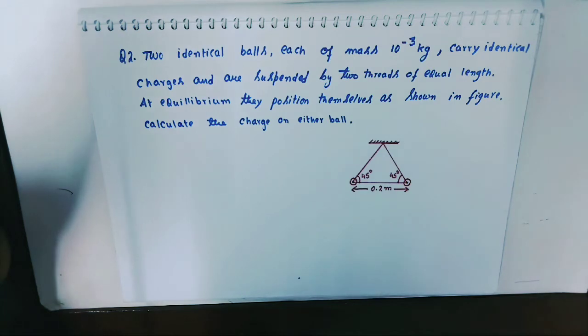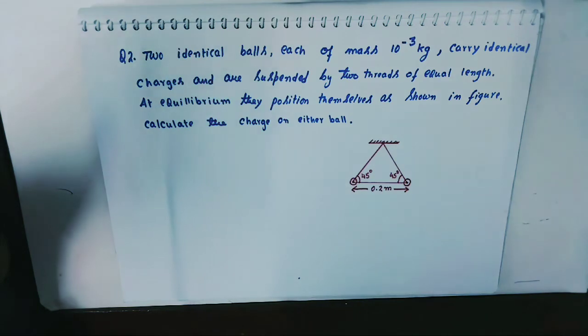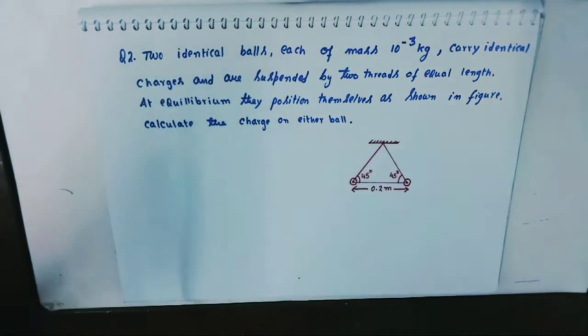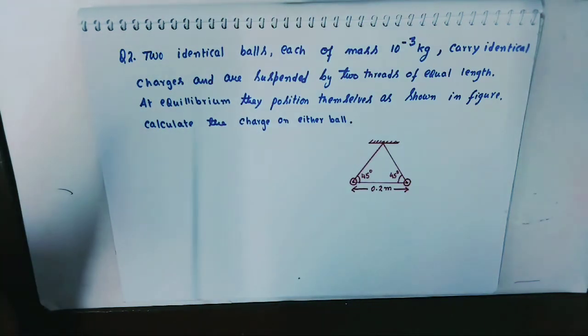Now, we will discuss this question number 2. The question says like this: two identical balls, each of mass 10 to the power minus 3 kg, carry identical charges and are suspended by two threads of equal length. At equilibrium, they position themselves as shown in figure.